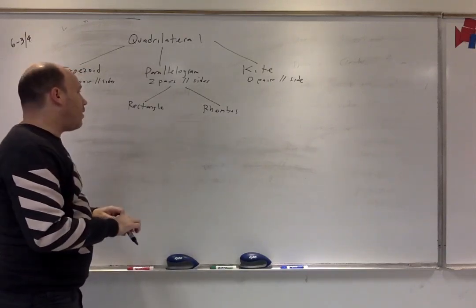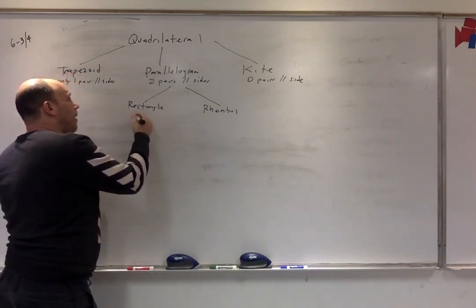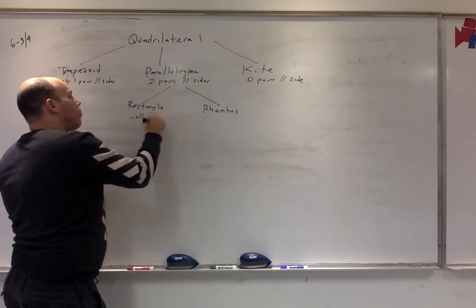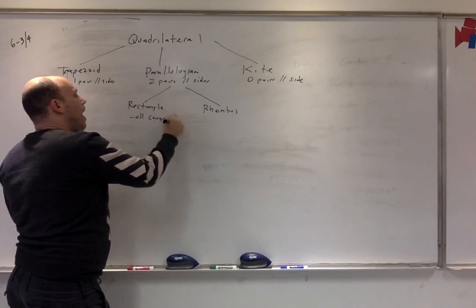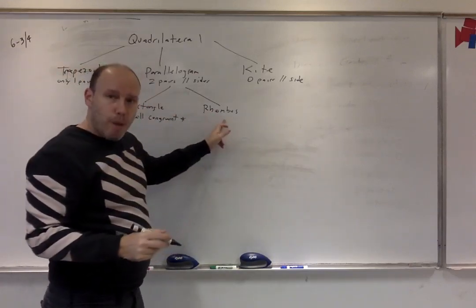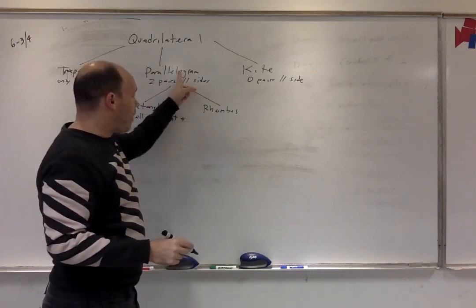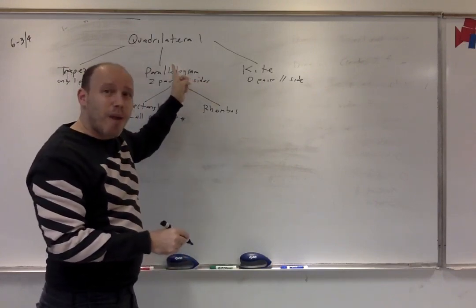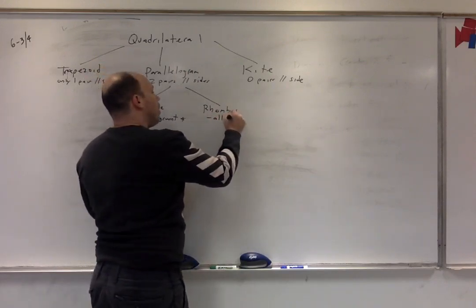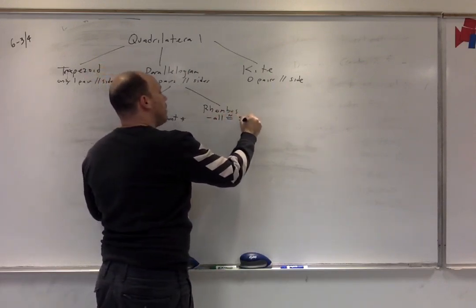What is a rectangle? A rectangle is a parallelogram, so it has all congruent angles. What's the rhombus? It's a parallelogram, so it has all the characteristics of the parallelogram and all congruent sides.